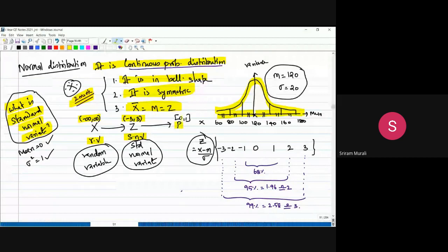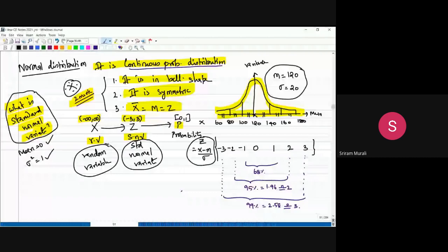And it should convert to a probability. So the random variable X will be in the range of -infinity to infinity.